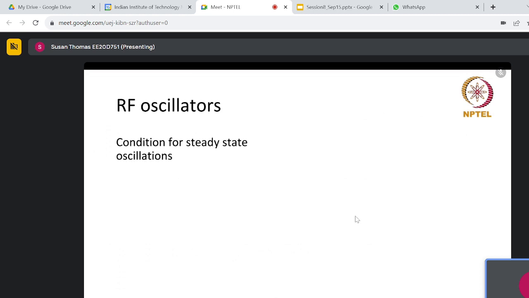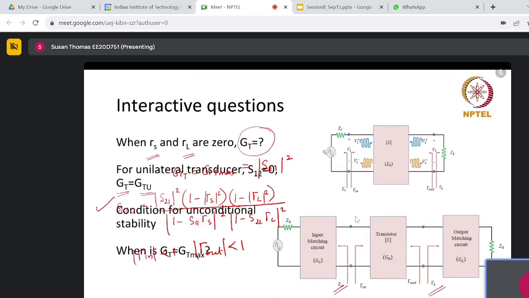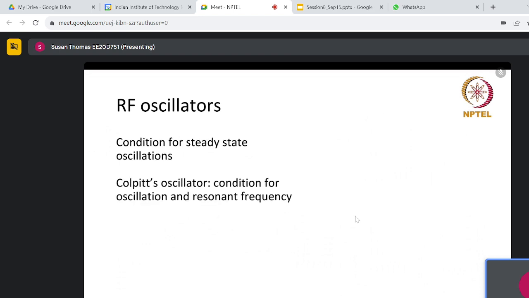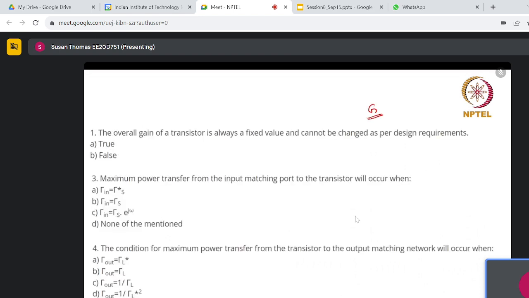So if you remember, you have this input matching network and this output matching network. That overall gain will be controlled by the gain of these networks also, that is GS and GL, which is possible to be changed. So the answer for this question is false.